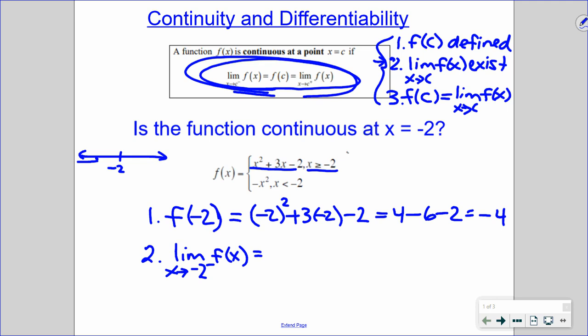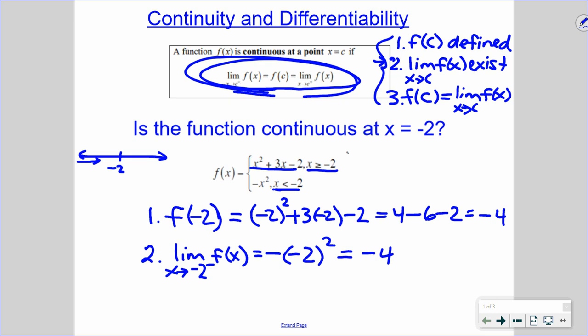If x is approaching -2 from the left, then these x values are less than -2. So we're actually going to plug into the -x squared. So we'll have negative, and then we'll have -2 squared. And you evaluate your exponent first. So -2 squared is 4, but then times -1 would give us -4.